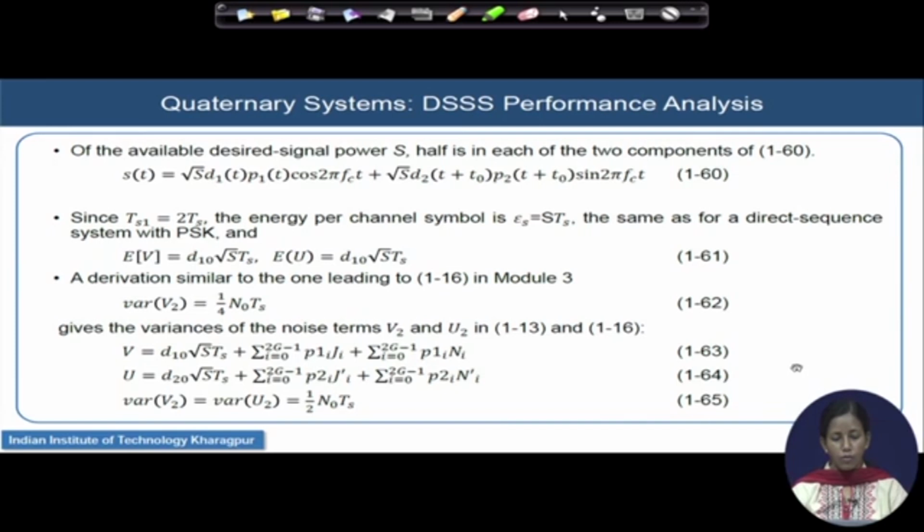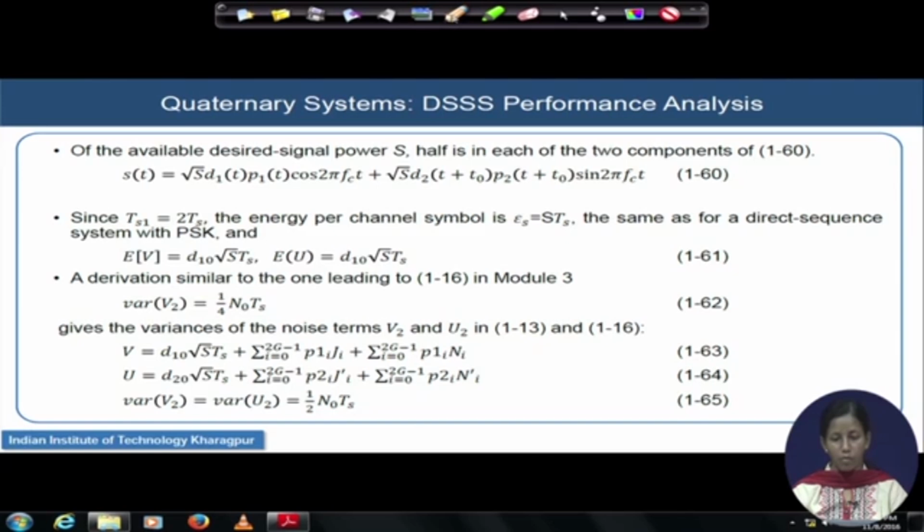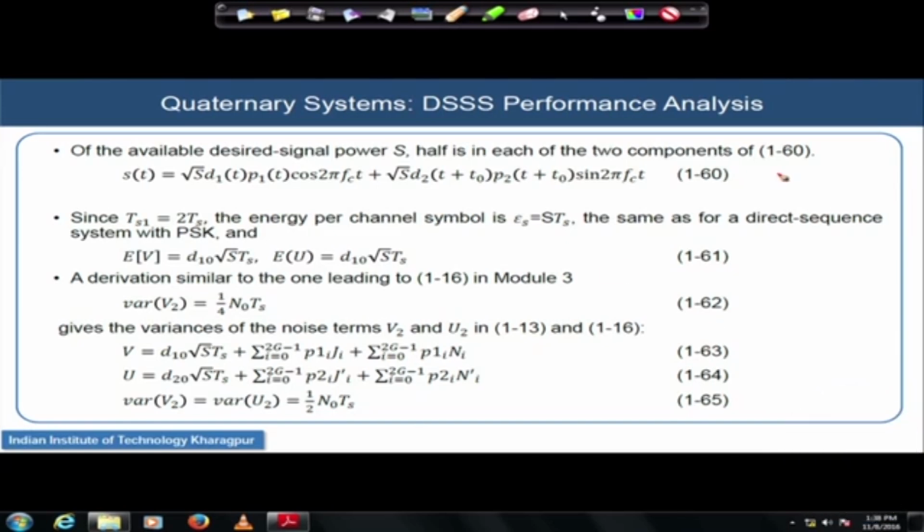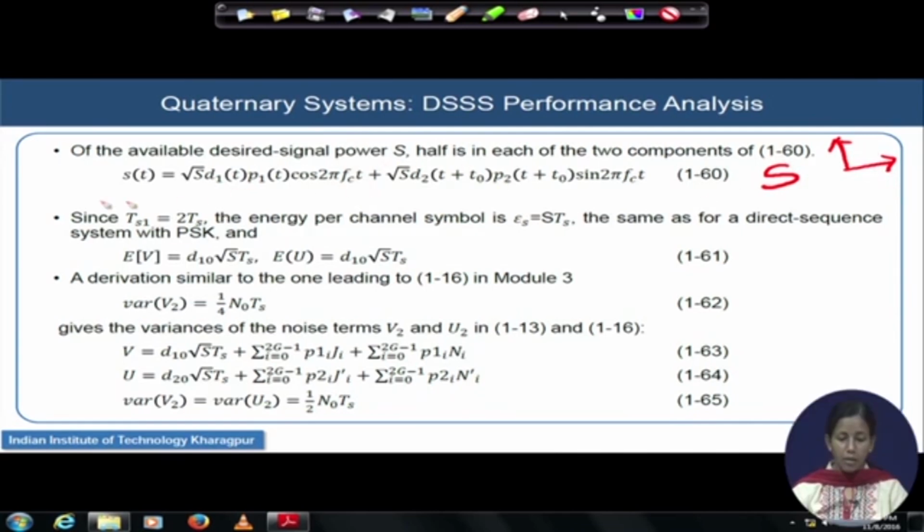Of the available desired signals, and the signal power S, I understand that S will be the total transmitted signal power. As we are having two different carriers, we will divide the transmitted power equally over both the carriers. That is why, of the transmitted signal, half of the power will be loaded on the I phase and half on the Q phase signal.